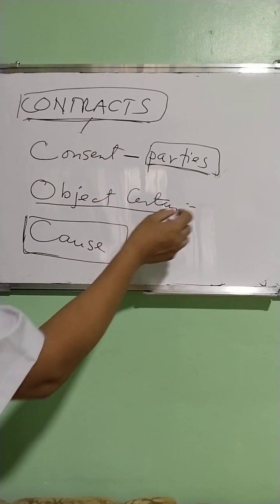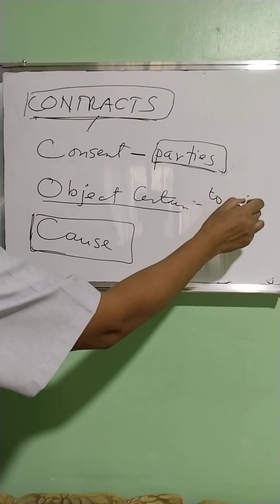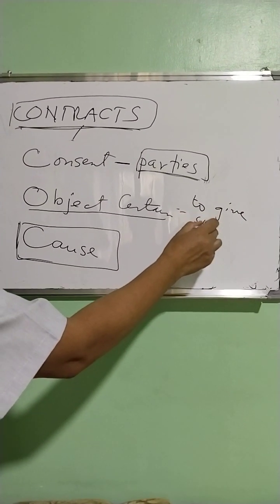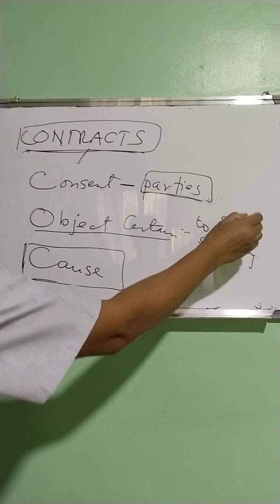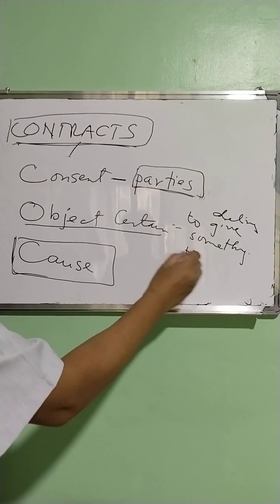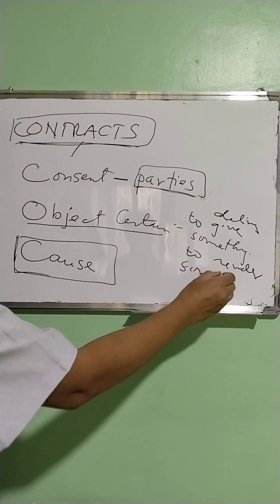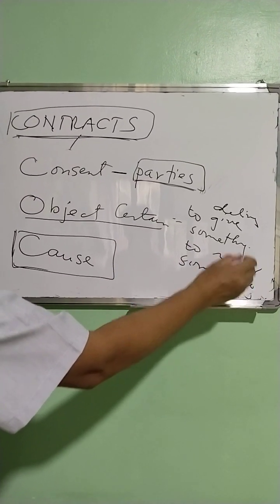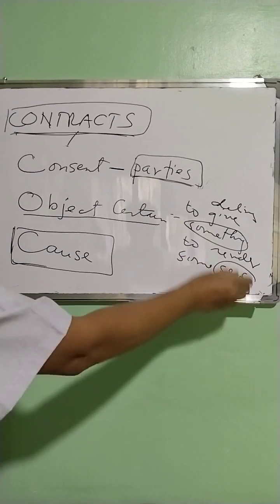Remember that in contracts, it is to give something, to deliver something, or to render some service. So it's either a thing or a service.